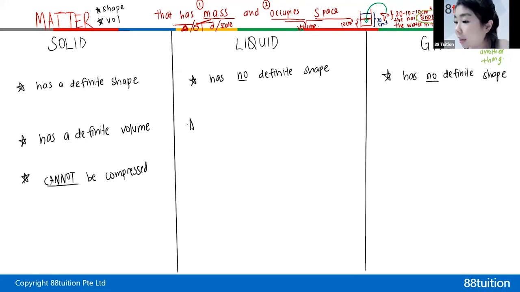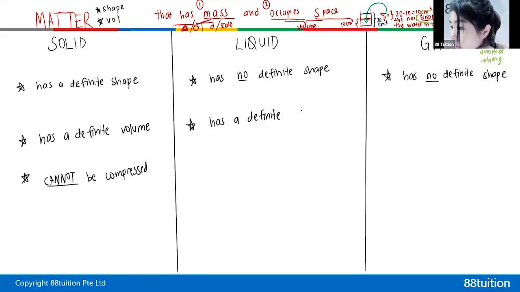Now, let's look at liquid. Does it have a definite volume based on your memory? Yes. Good. So it has a definite volume. You remember.